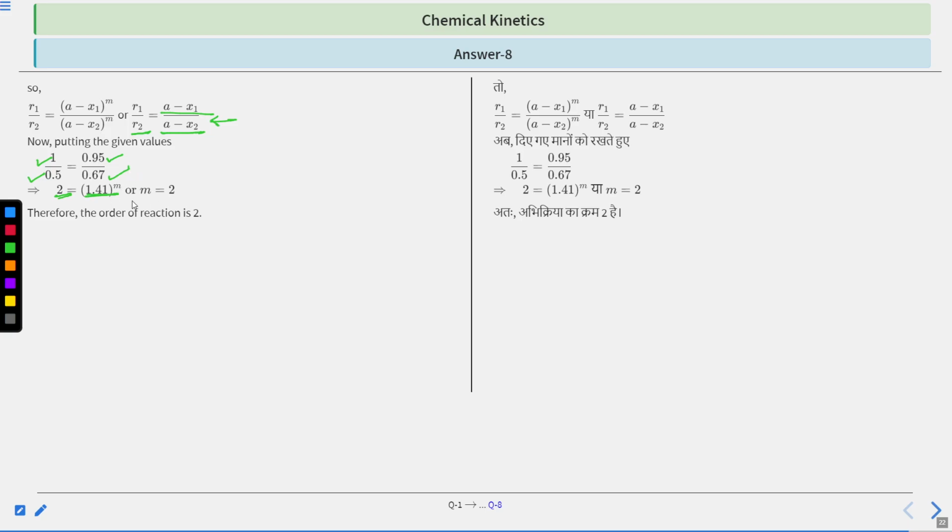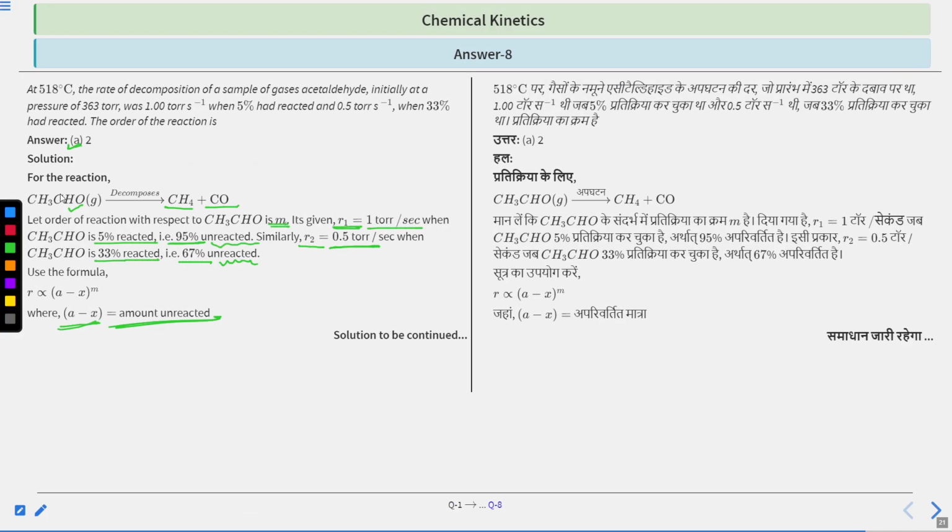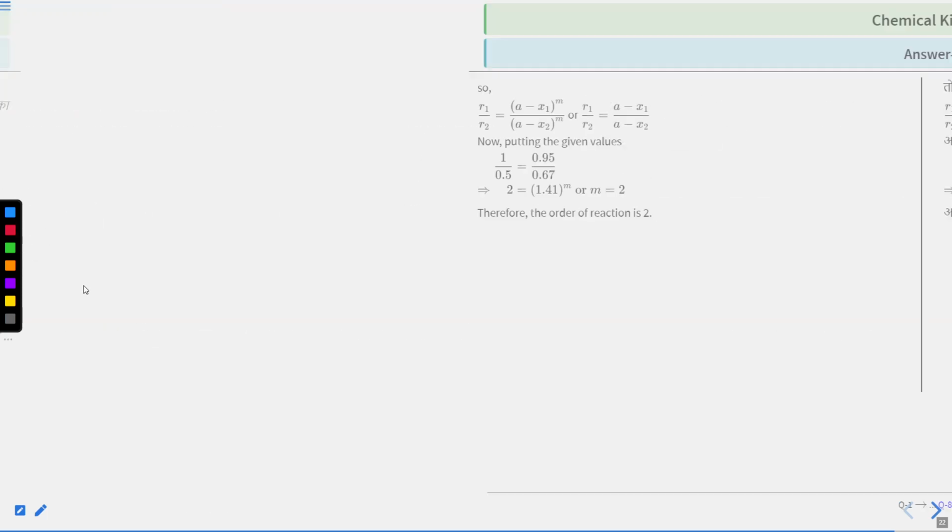If you solve this, if you put m equals 2, it comes out as 1.9 something, which is equivalent to 2. So you can say that m equals 2, and therefore the order of the reaction is 2. Thus option A, that is 2, is the correct answer.